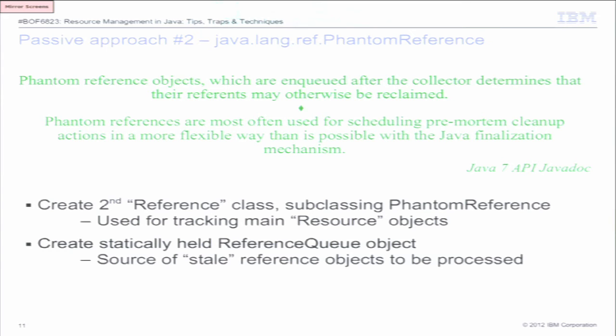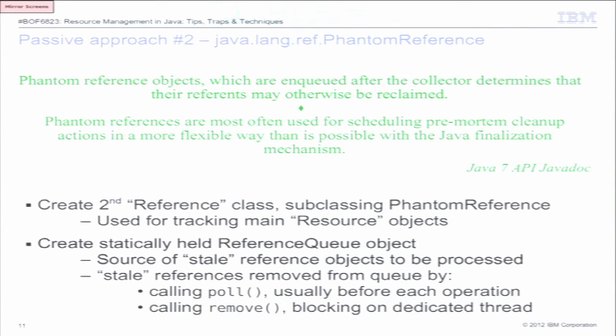So the reference queue is effectively a source of the stale reference objects which need to be processed in some way. And the stale references can be removed from the queue in one of two ways, either by calling poll, which will return a stale reference from the reference queue if one is available, but won't block if one isn't available.